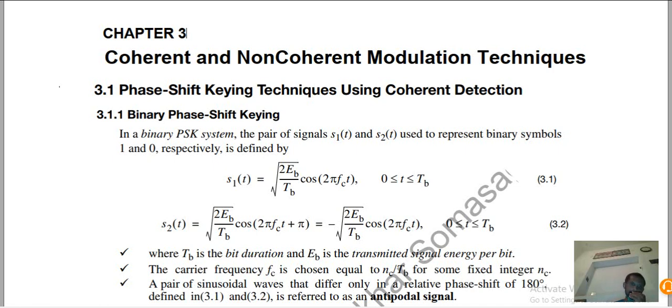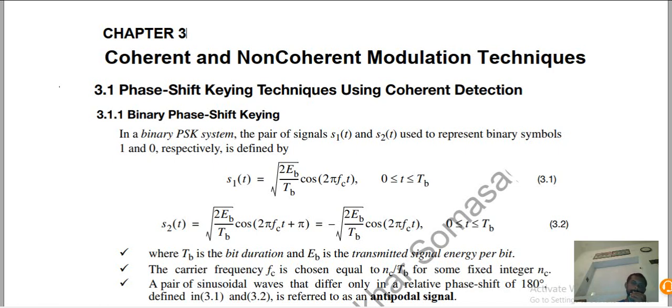In a binary PSK system, or BPSK in short form, called binary phase shift keying, it has a pair of signals S1 of t and S2 of t used to represent binary symbols 1 and 0 respectively.